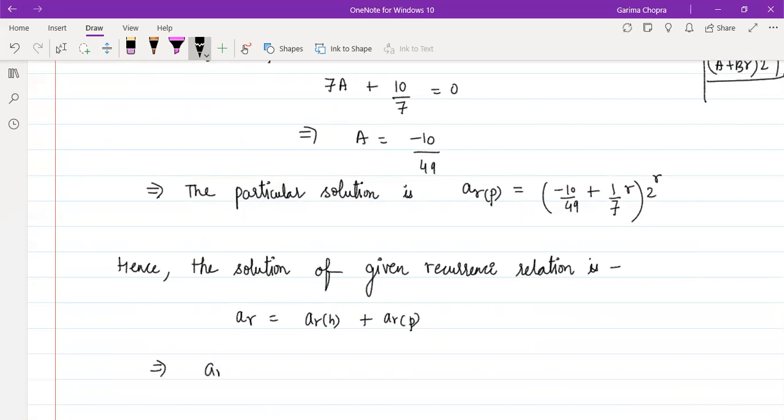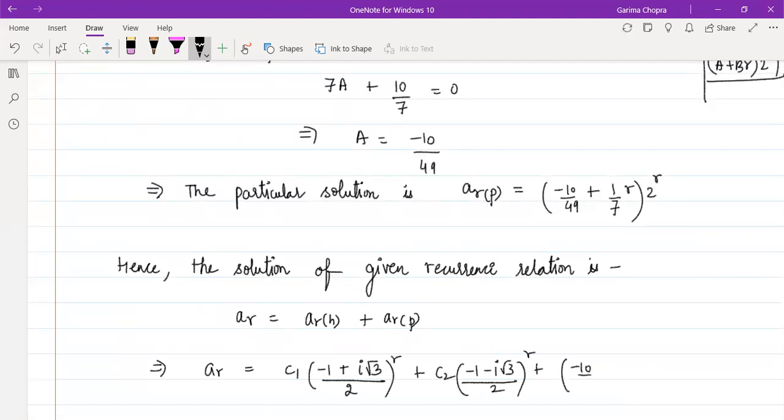The homogeneous solution has two constants, C1 times (minus 1 plus iota root 3) by 2 raised to power r, plus C2 times (minus 1 minus iota root 3) by 2 raised to power r. And then we have the particular solution, which is minus 10 upon 49 plus 1 upon 7 r, times 2 raised to power r.